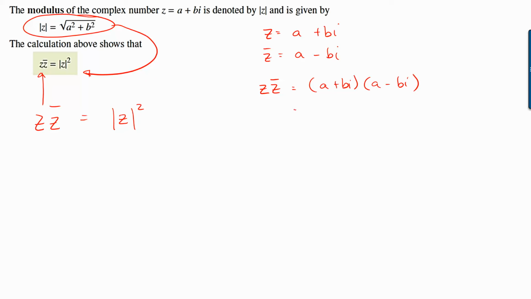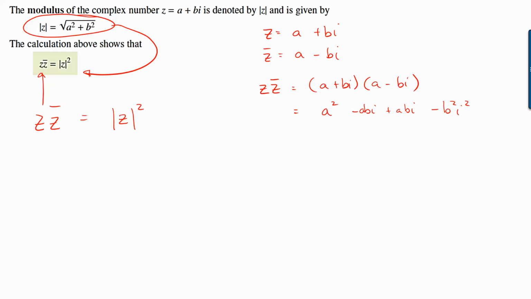If we expand this out, we're going to get a times a, which is a squared. We're going to get a times negative bi, which is minus abi. And then bi times positive a gives you plus abi. And then bi times negative bi gives you negative b squared, i squared.